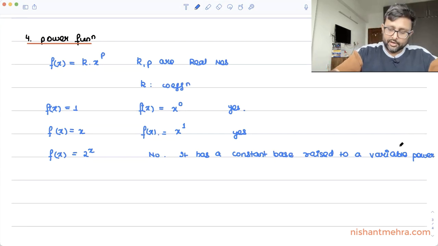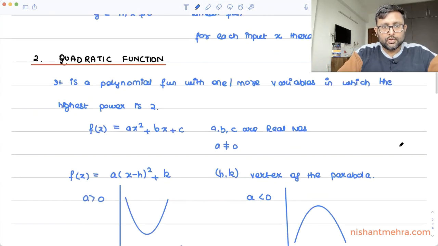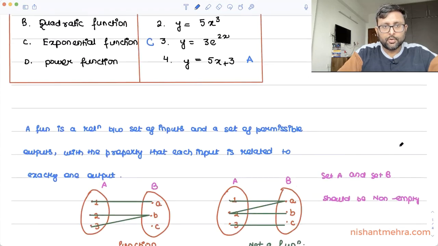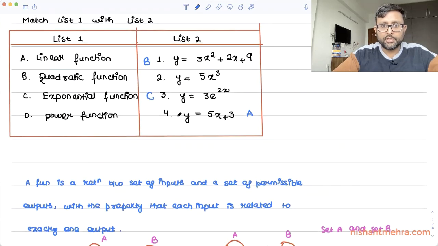So whatever is left out is your power function.